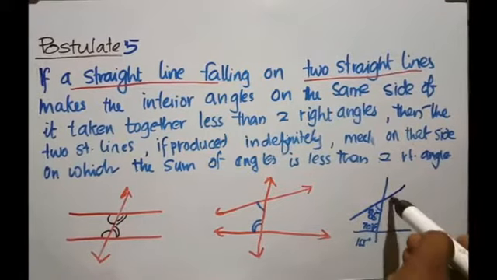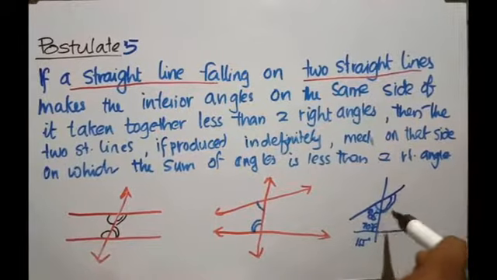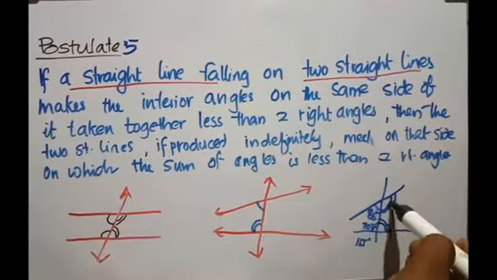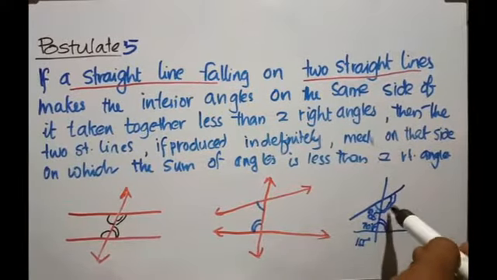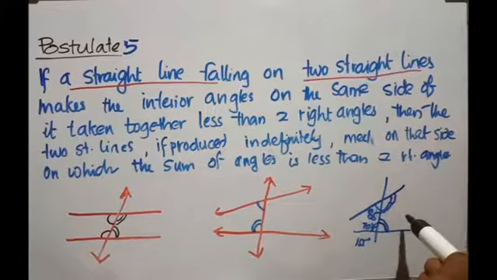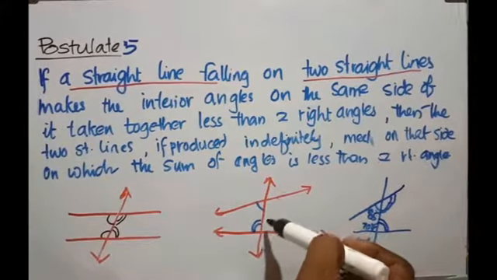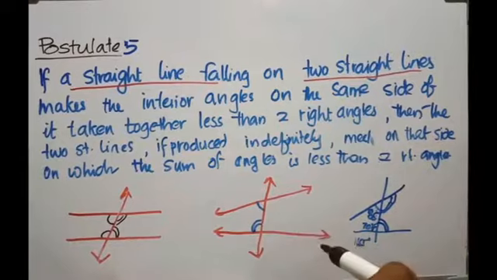But if you take this side, both are obtuse angles, so their sum will be more than 180 degrees. Here also, you have to check both sides.